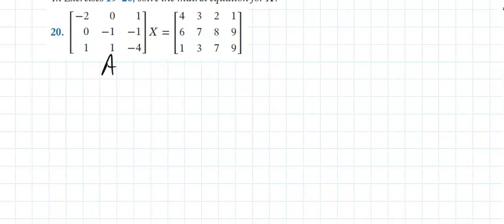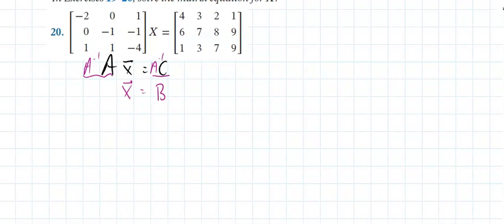Again, we're going to write this as Ax equals C. So we're going to take the inverse of A. This is going to give us the identity, so we're going to be left with x. And this is going to give us some matrix B, and we'll figure out the solutions from there.